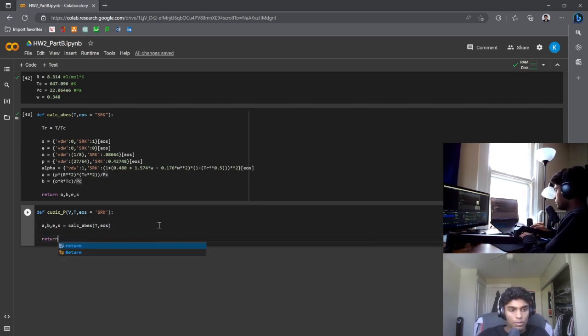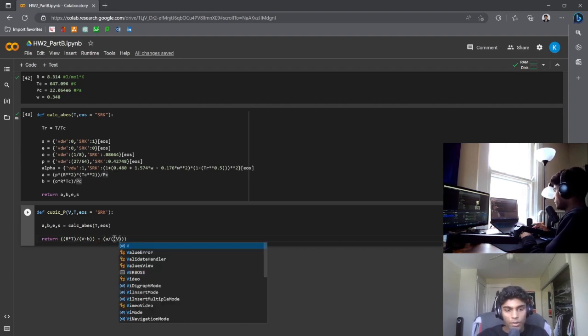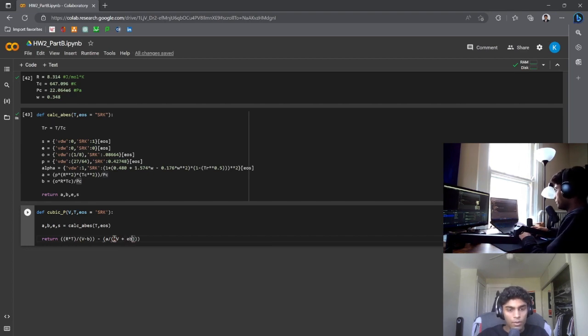And we're going to return the general equation of state, which is going to be RT, R times T, over V minus B, right, minus A divided by V plus epsilon B, EB, times V plus S times B. And yeah, that should be that.